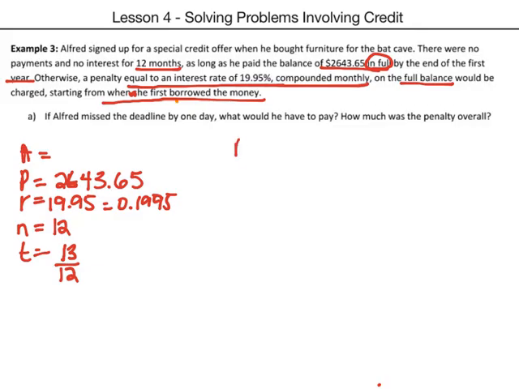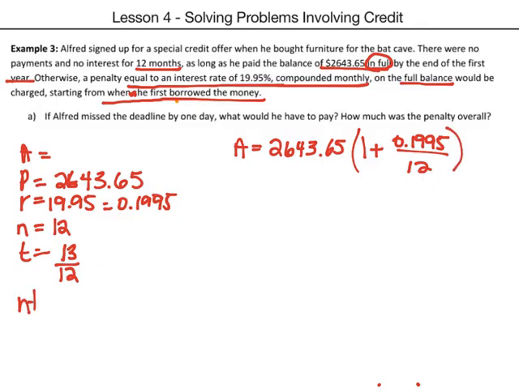So we're going to plug this into our calculator, and it should be 2643.65 times (1 plus 0.1995 over 12) to the power of n times t, which is 12 times 13 over 12, and our 12s will cancel, so 13.